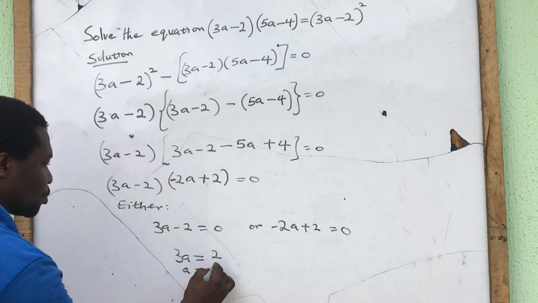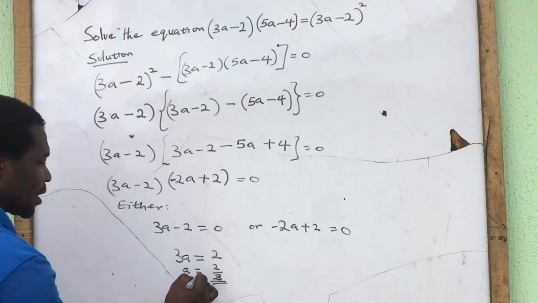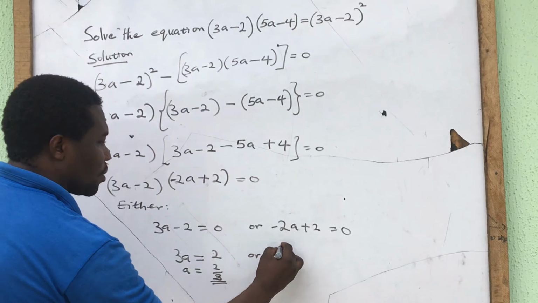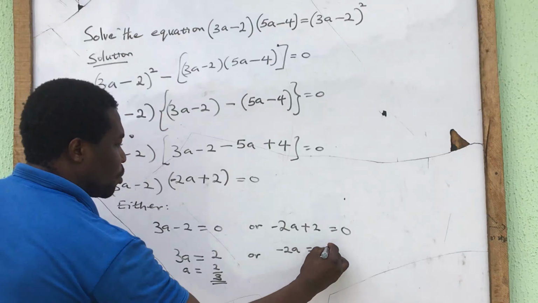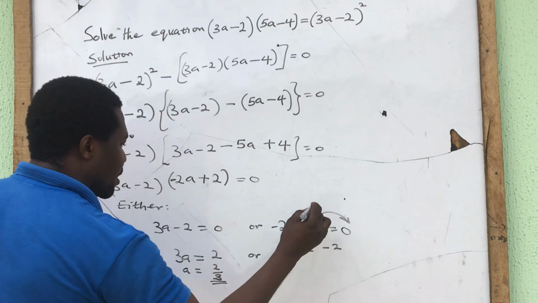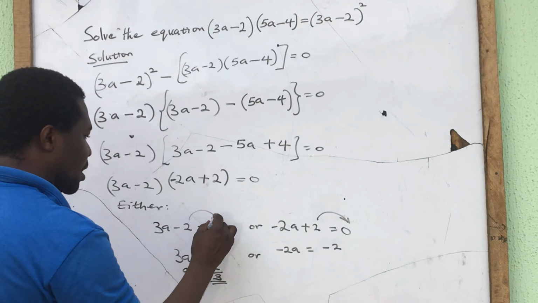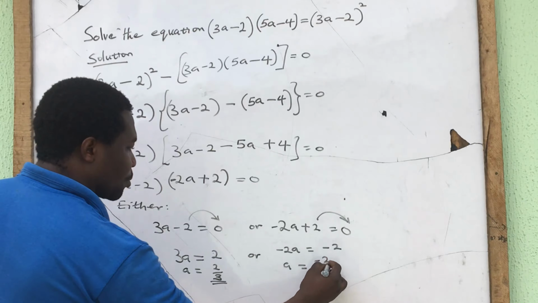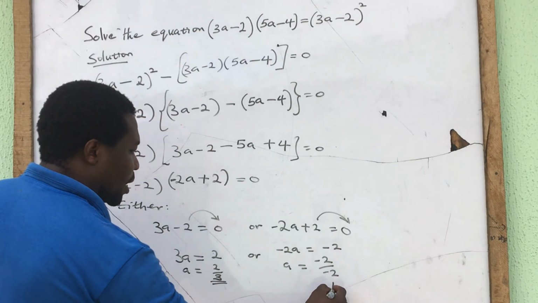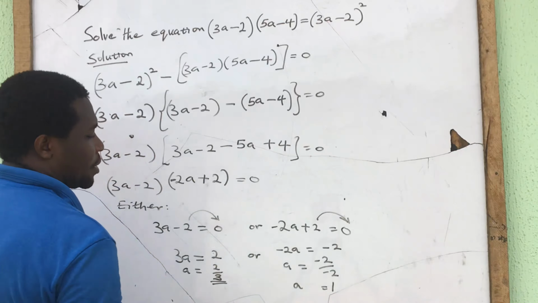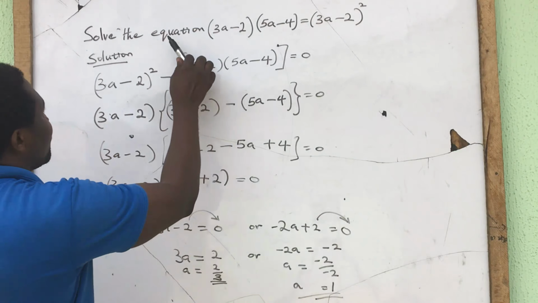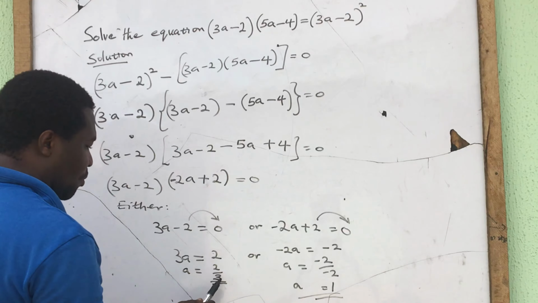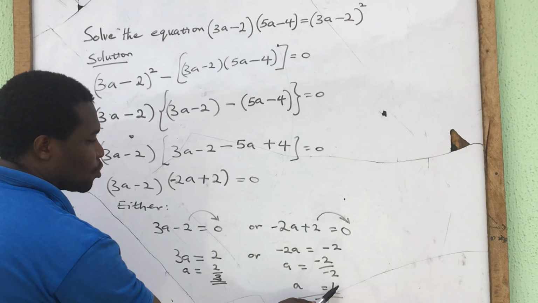Therefore, a equal to 2 over 3, or minus 2a equal to minus 2 when this comes here. Then our a now equals minus 2 over minus 2, that is a equals 1. So the values of a here are a equal to 2 over 3 or a equal to 1.